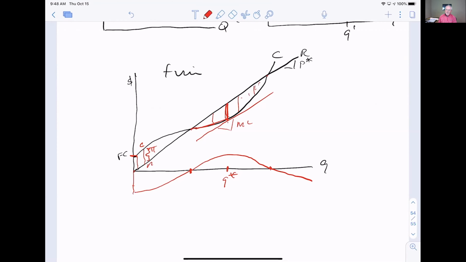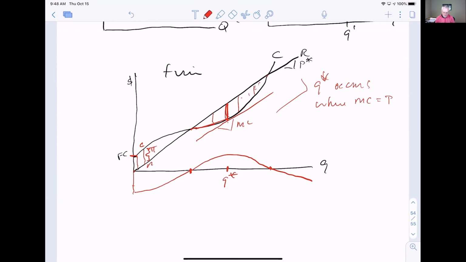And where these two curves diverge the most, with revenue greater than cost, is the point where their slopes are equal. So from this graphic demonstration, I say that Q star occurs where marginal cost is equal to price for our competitive firm.